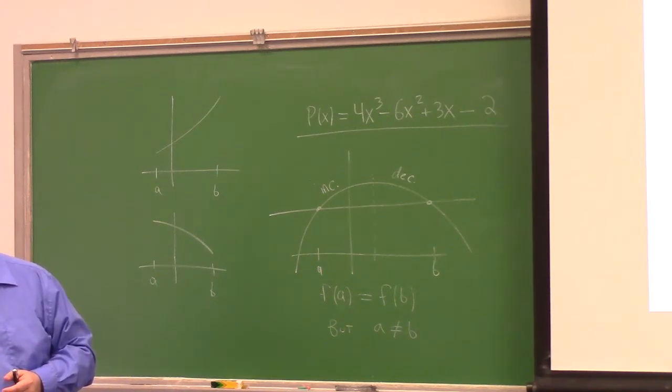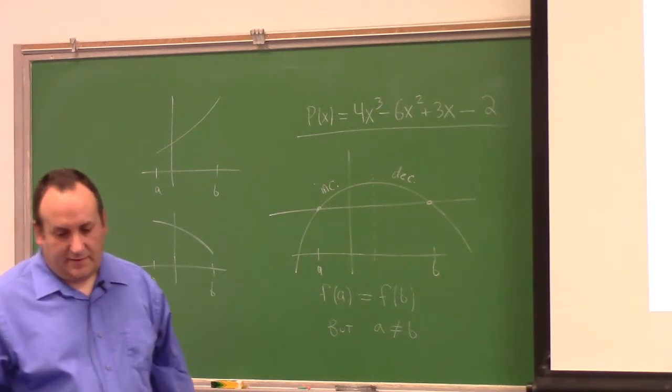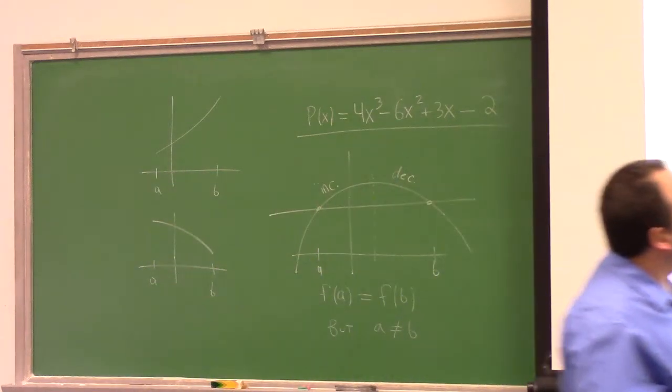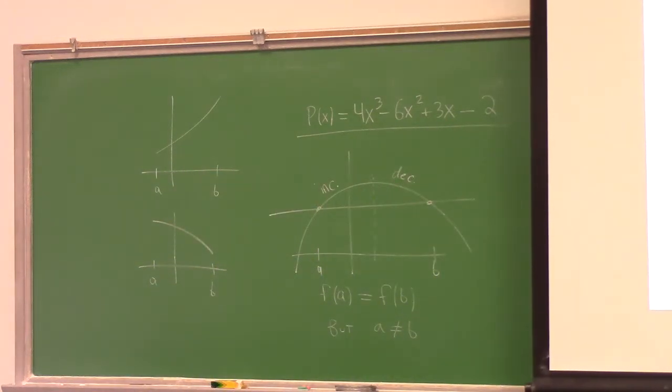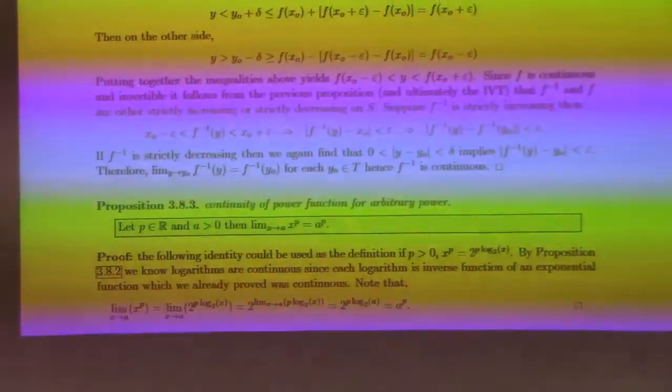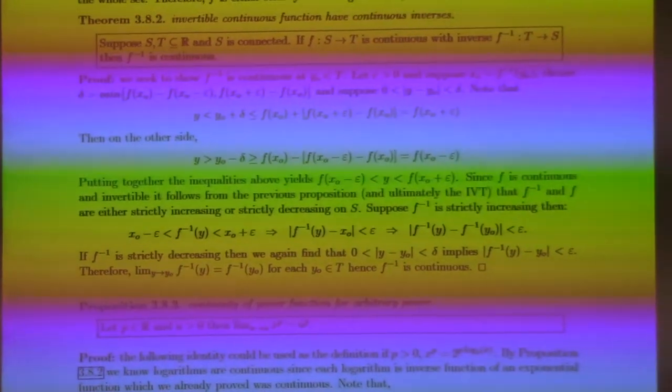And then that leads us to Theorem 3.8.2, which says that if you have a function with a connected domain, all right, and this is what I call the inverse function theorem here.